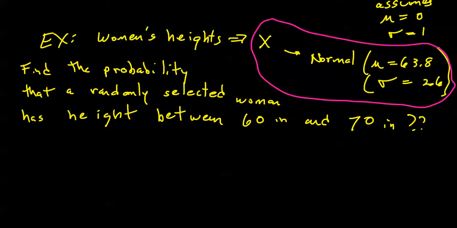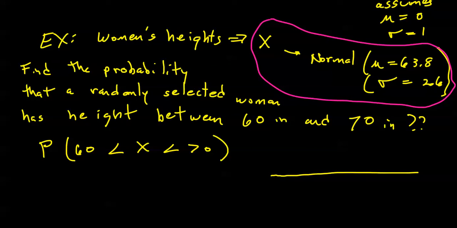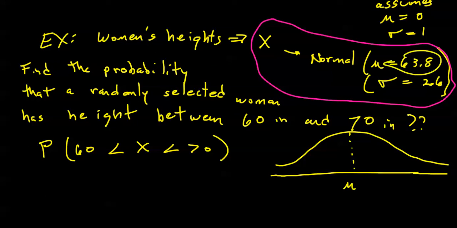Well, we'll see. Alright, so what I really want here is the probability that x, where x is the height of a randomly selected woman, is between 60 and 70 inches. If I were to draw this pictorially, I'll draw a normal distribution that's not standard, right? The mean, as we set up here, is 63.8 inches, so that hump is going to peak at 63.8 inches.